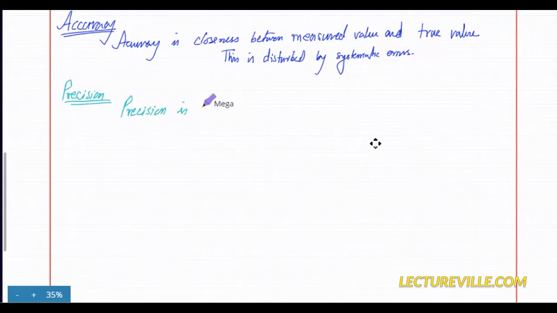Precision is closeness among measured values.